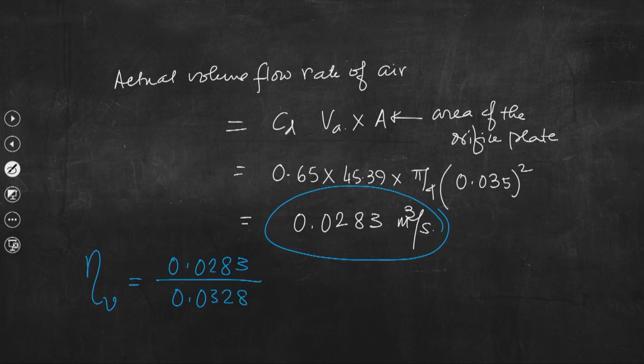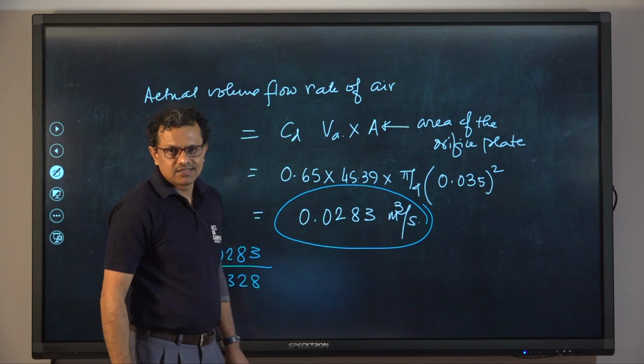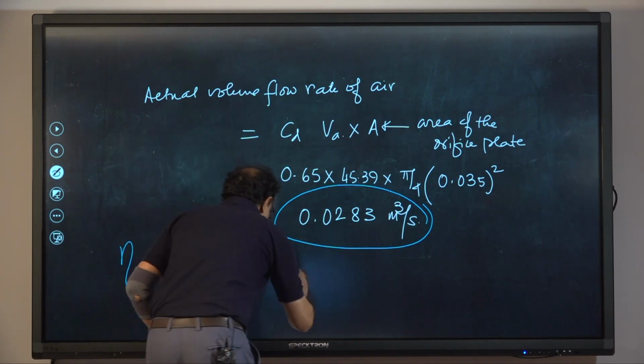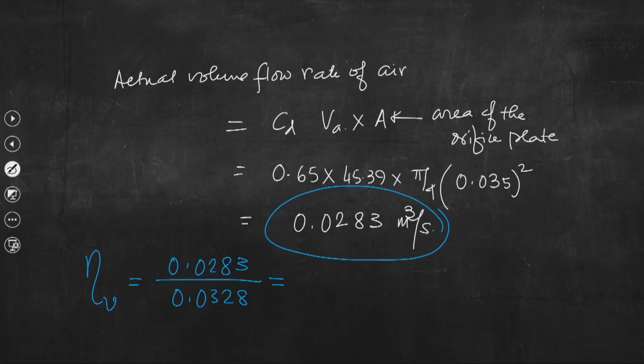You can understand the actual volume flow rate of air is less than the theoretically calculated one, and if we calculate it, it is coming as 0.8649. So, I am writing in percent, 86.49%, that is the volumetric efficiency.